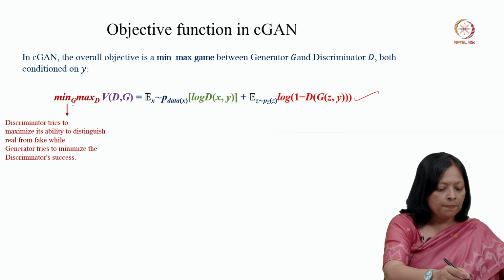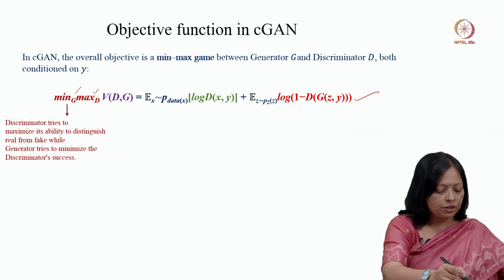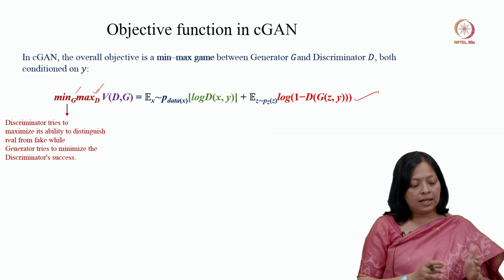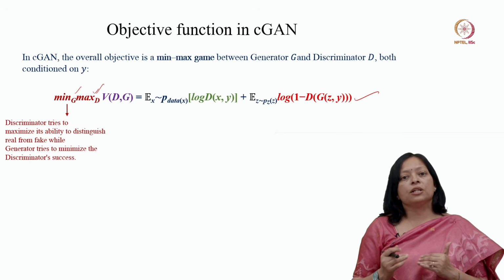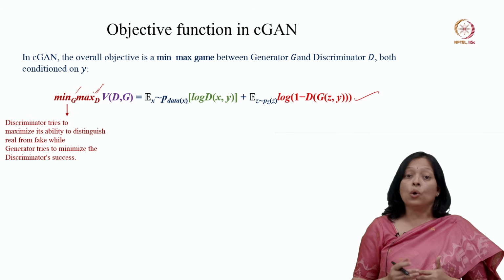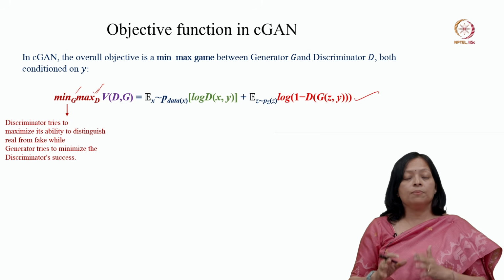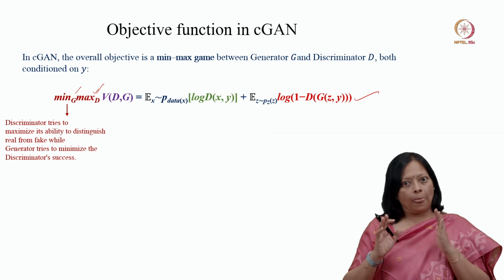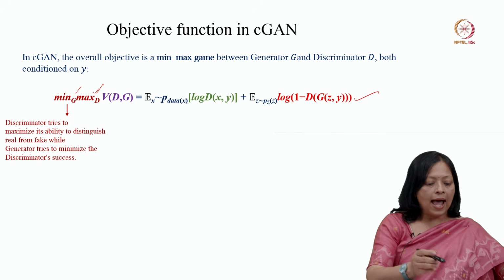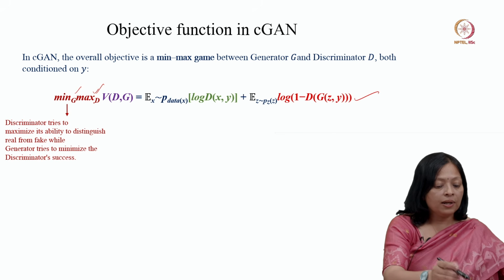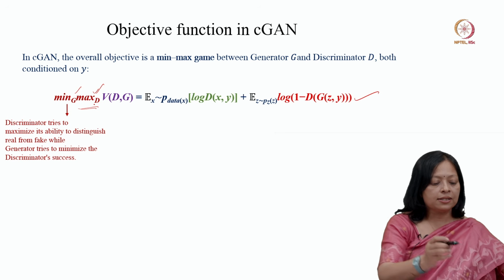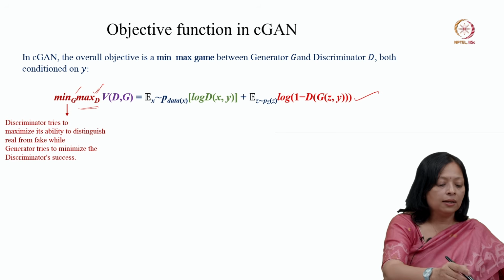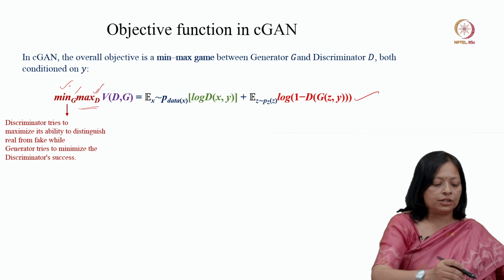So, min over G, max over D: the discriminator tries to maximize its ability to distinguish between the real and the fake, while the generator tries to minimize the discriminator's success. That is captured by this min-max objective function. If you see max over D, the discriminator actually tries to maximize the objective function, while the generator tries to minimize the objective function.